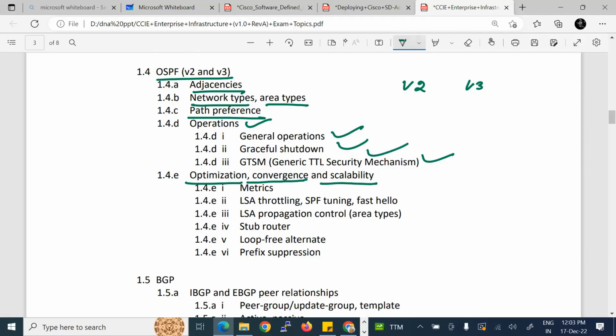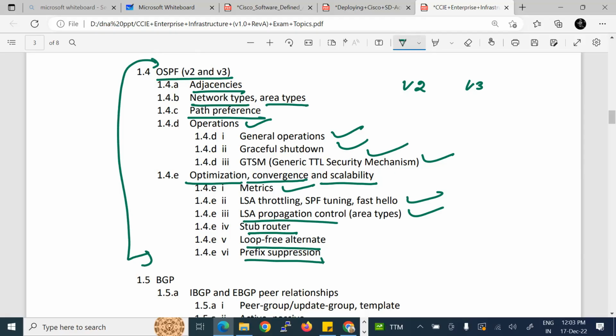Optimization, convergence, and scalability: metrics, LSA throttling, SPF tuning, fast hello, LSA propagation control, stub router, loop free alternate, and prefix suppression, because we have to cover OSPF as well.